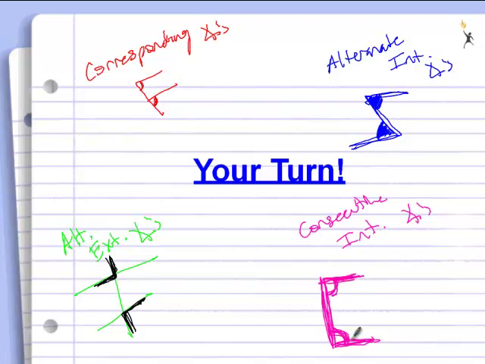They are on the interior of our 2 lines, the top and the bottom here, which forms our C. We have the letter F for corresponding angles, the letter Z, or a number 2, depending on how it faces, for alternate interior angles. We have our alternate exterior angles, and we have letter C for consecutive interior angles. Let's take a look at your homework so you can practice identifying these 4.